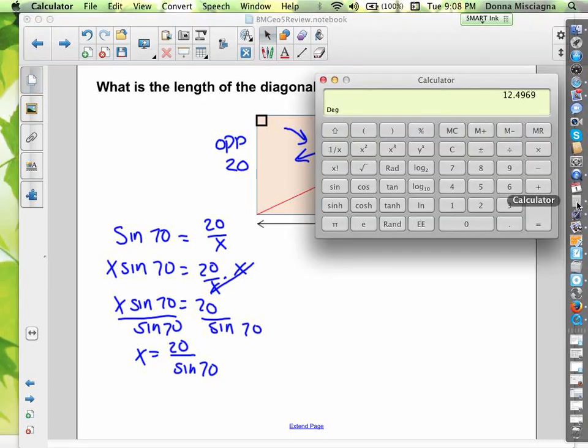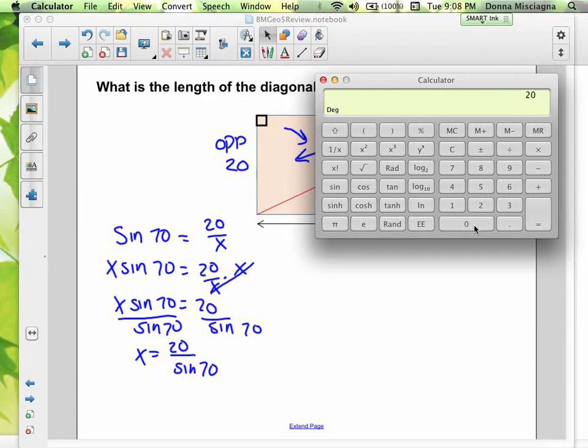All right, so I have 20 divided by, I'm going to have to use parentheses, and I have to do the 70 first. So 70 sine, oops, and then close my parentheses.